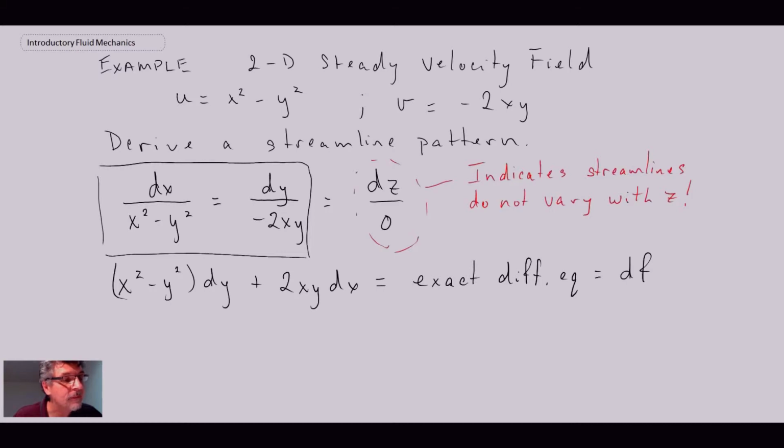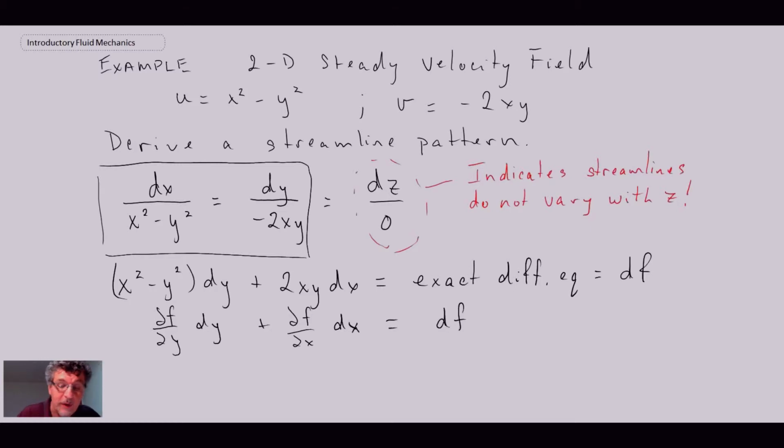Essentially we can write out that this is partial f by partial y dy plus partial f by partial x dx equals df.